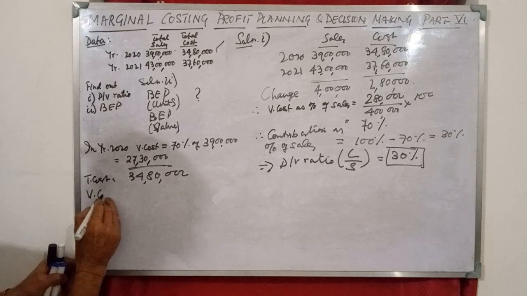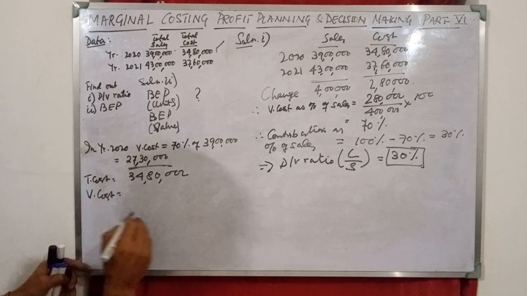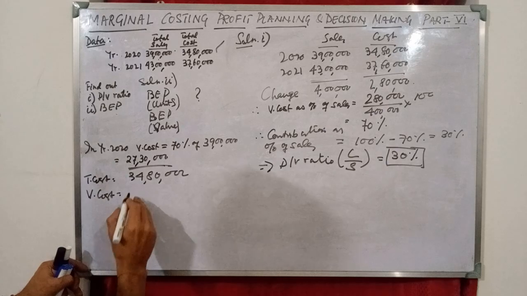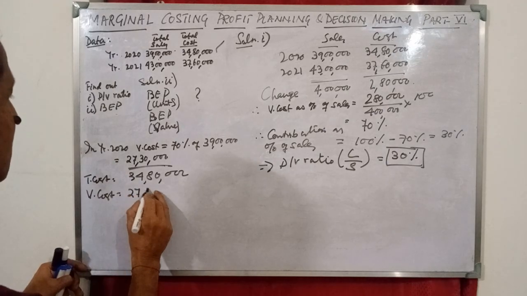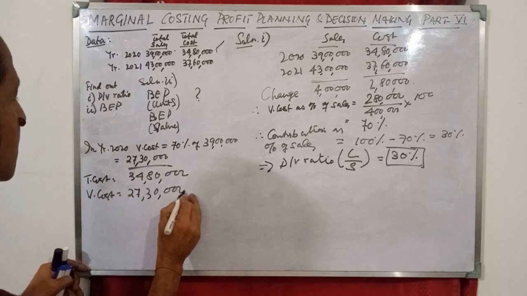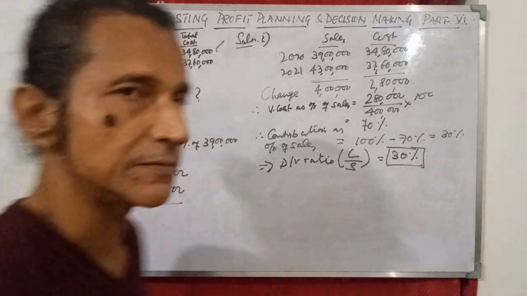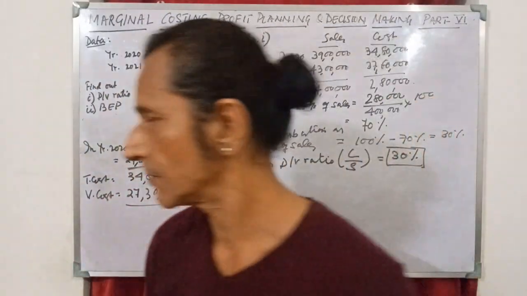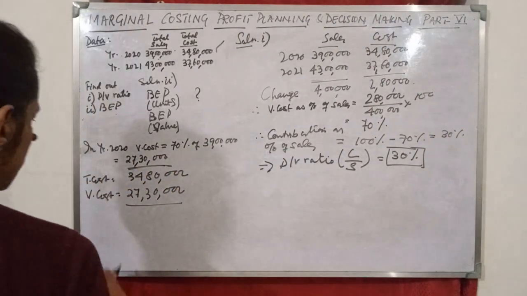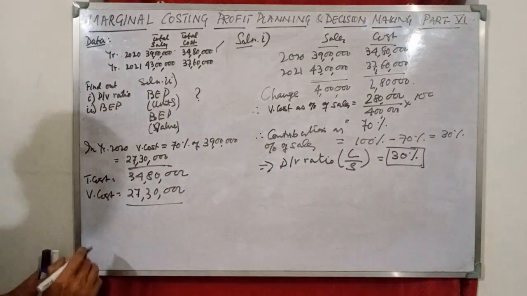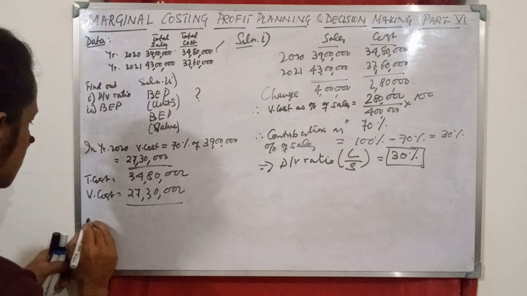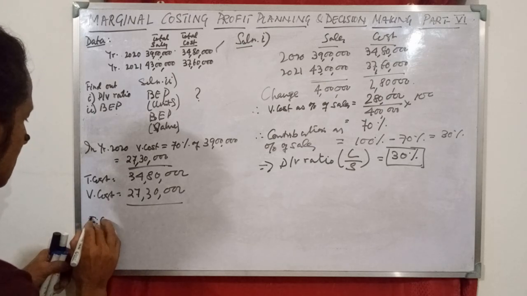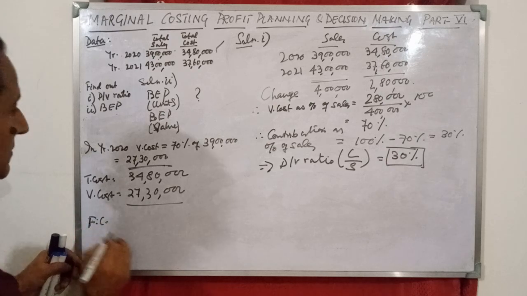And variable cost is 27,30,000, and we know variable cost plus fixed cost is total cost. So we deduct variable cost from total cost, and we get fixed cost.